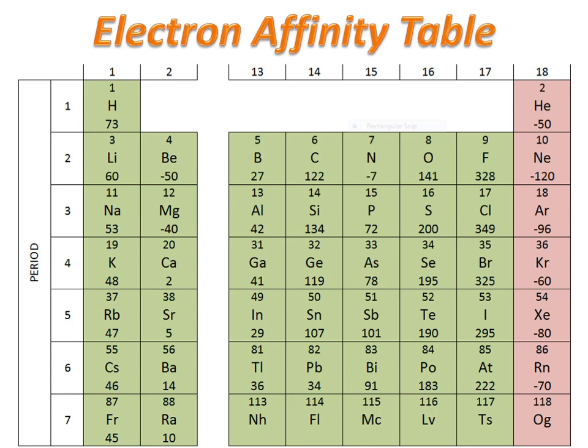Here we have the numerical values for the electron affinities, and as we look over here in the noble gases, notice that they are all negative. Here in group 2, these are negative, and then they slowly rise into slightly positive values. Nitrogen is also negative, and then they slowly go up.